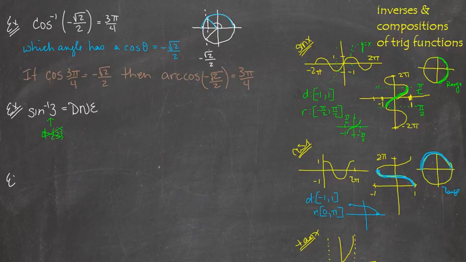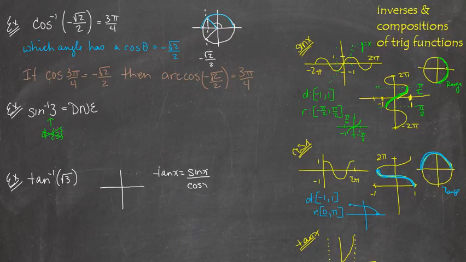Okay, one more example, and then I think I'll put off compositions of trig functions for another lesson. So let's look for the inverse tan of root 3. Now this one's a little bit trickier because I'm looking on the unit circle for a point that has a value of root 3, but we need coordinates, right? We need an x and a y. So let's remember that tangent of x equals sine x over cosine x.